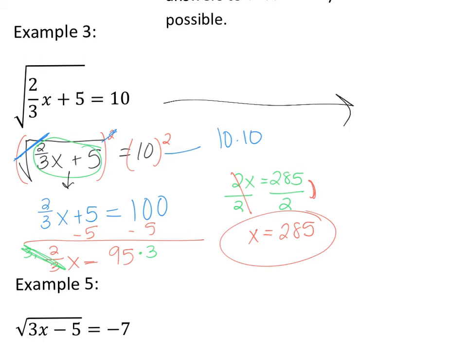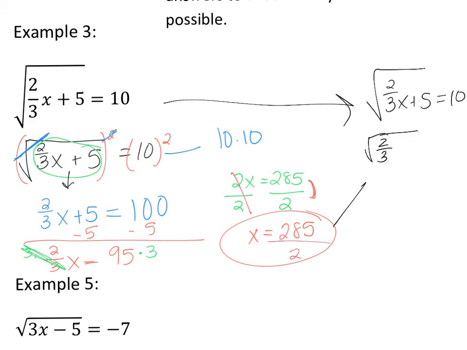So I'm going to bring this over here, and I have the square root of 2 over 3x plus 5 equals 10. Now I'm going to plug in. So now I have the square root of 2 over 3. I am plugging in, oops, see, don't forget that. I am plugging in 285 all over 2 in for x.